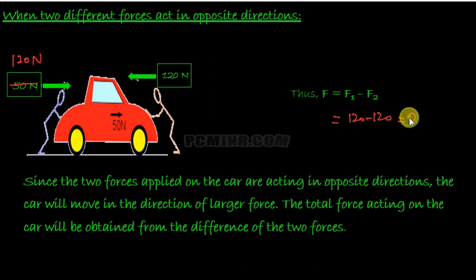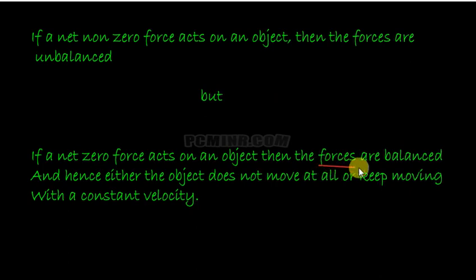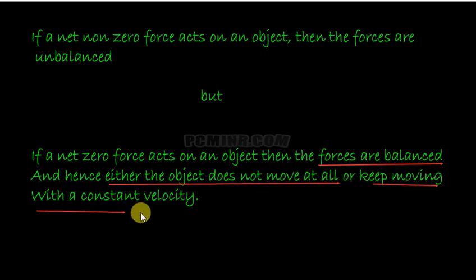So when we have a zero net force acting on an object, the forces are said to be balanced, and hence either the object does not move at all or it keeps moving with a constant velocity. Velocity will not change because there is no net force acting on it.